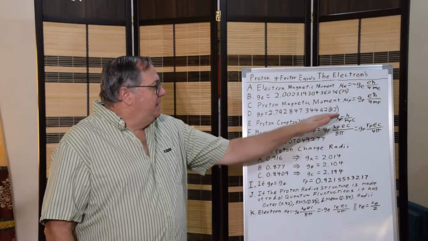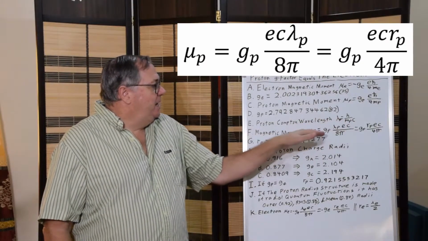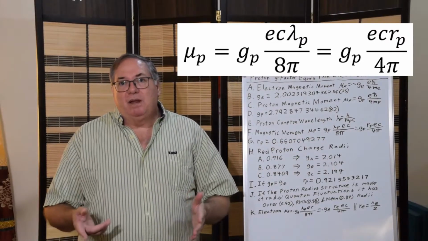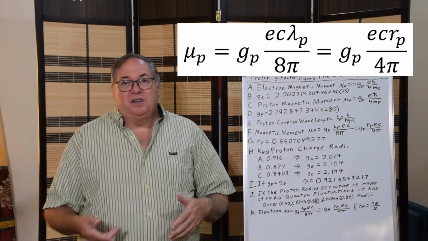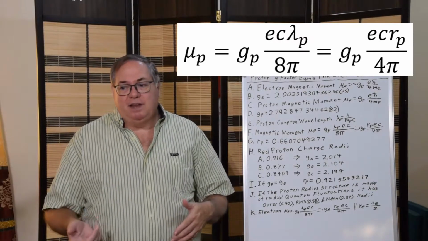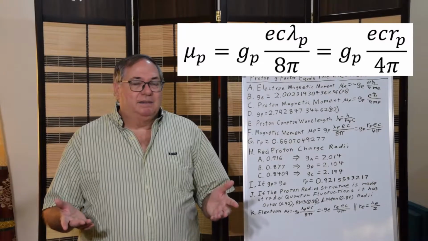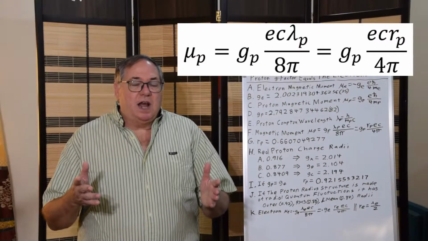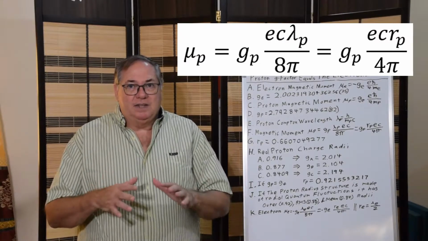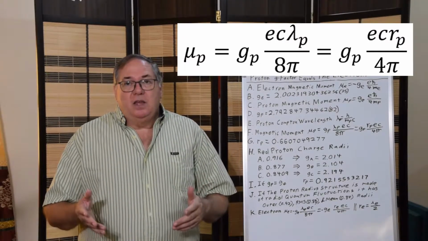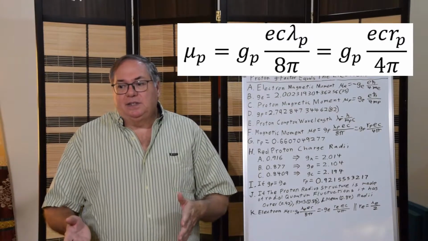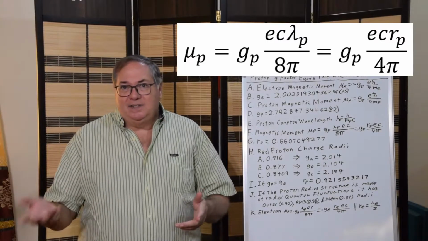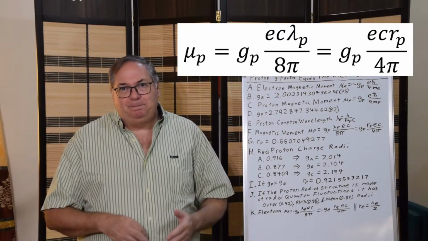And if you rearrange and substitute for the mass of the proton, the magnetic moment becomes the Compton wavelength times the electric charge e times c, the speed of light, divided by 8 pi. And since the proton Compton wavelength is effectively the diameter, you can change it to a radius, and then you have a radius times e c divided by 4 pi.